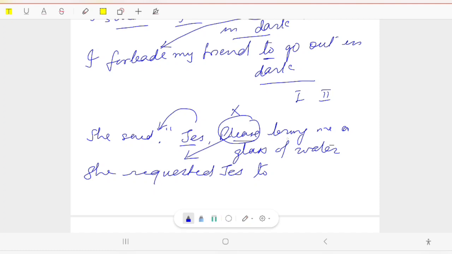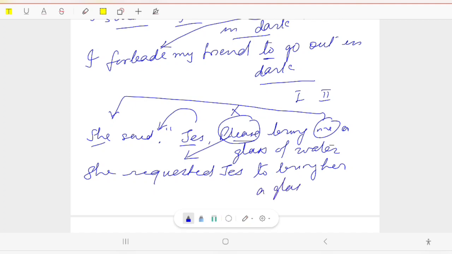She requested Jess to bring. Now "me" is a first person pronoun, so first person will be changed according to the subject. Since it is object form, the object form of "she" is "her." She requested Jess to bring her a glass of water. Like this we change imperative sentences.